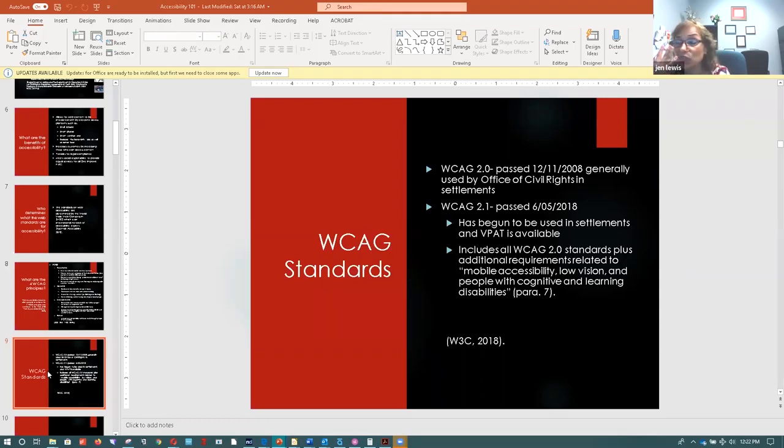As your eyes get older, as you can see from these glasses, the vision and the clarity with which you can see things without enough light becomes lower and lower, and then you need more contrast. And that's one of the things we mentioned before. Contrast is very important. And then we have more people with cognitive and learning disabilities. We're trying to give them equal access as well. So if you look in 2.1 WCAG, you will see the 2.0 standards plus these additional 4 elements.